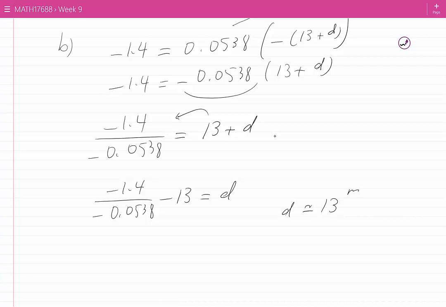And this answer agrees with the answer that we found by the different choice of coordinates that we made in the previous solution.